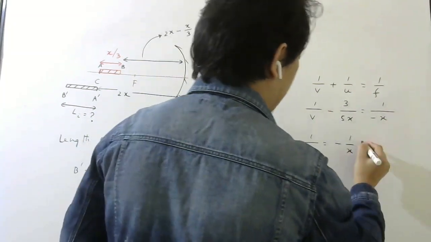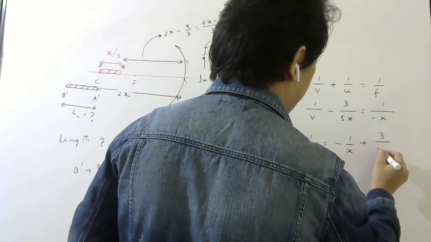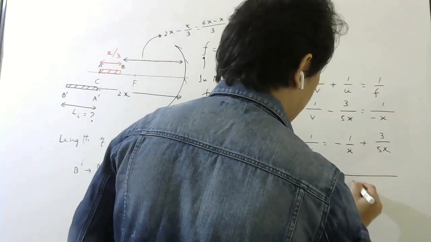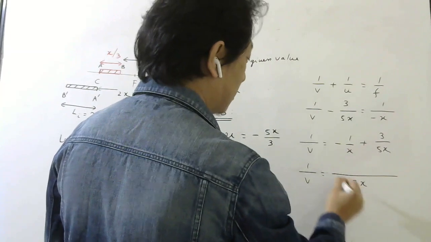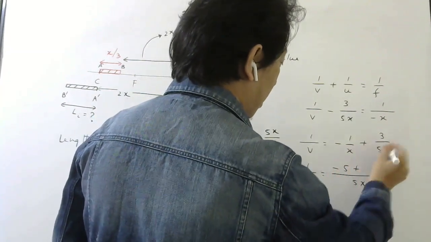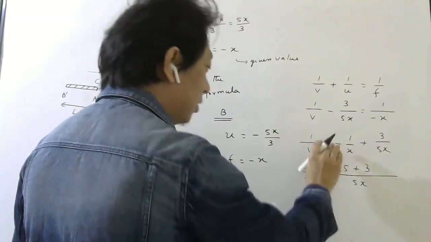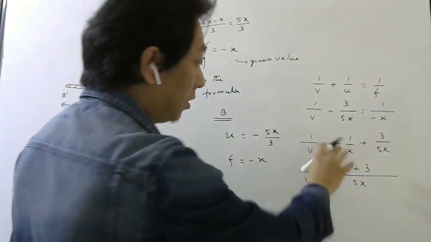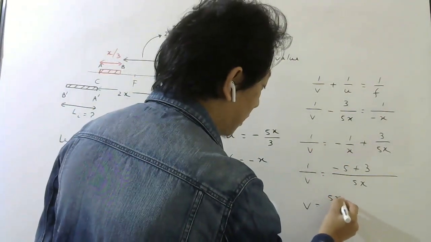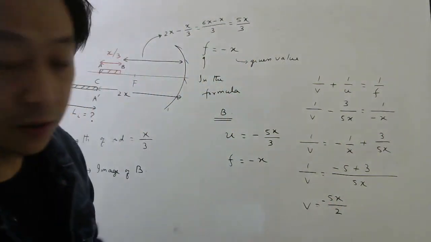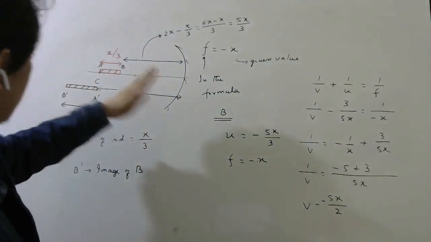This will go this side, plus 3 by 5x. So 1 by v will be, 5x, x cancels, minus 5 plus 3 over 5x. So v will be, take the reciprocal, because this is 1 by v. So reciprocal gives 5x by minus 2. So minus it has to be because the image is this side.